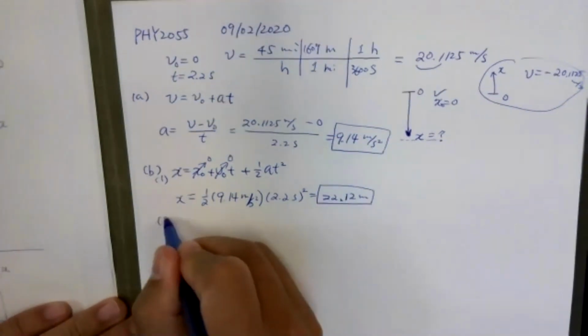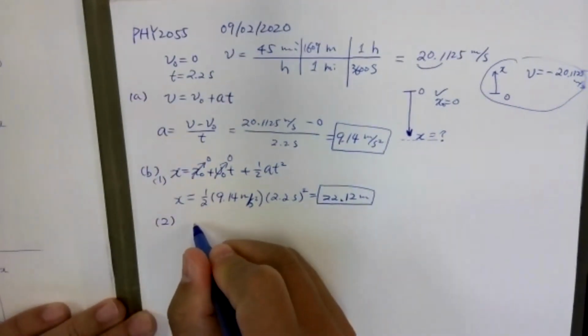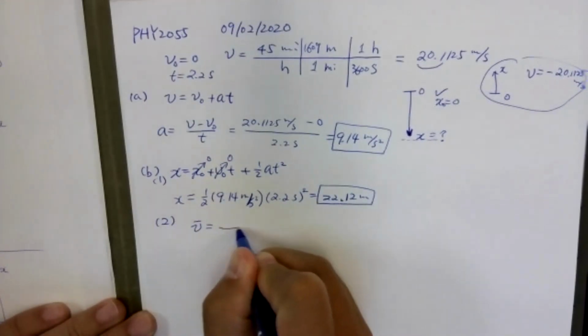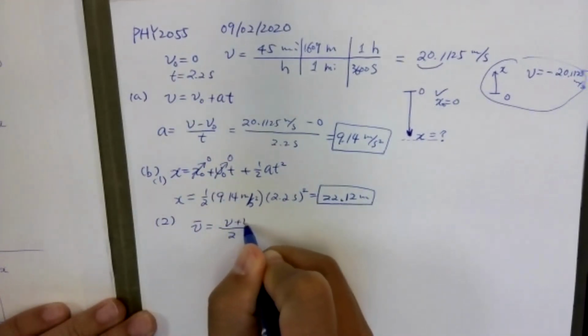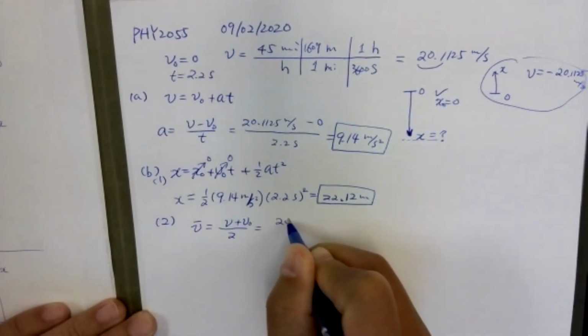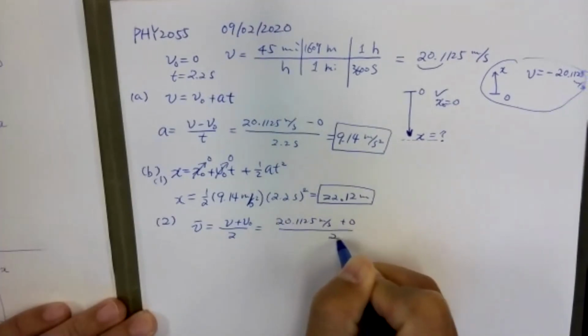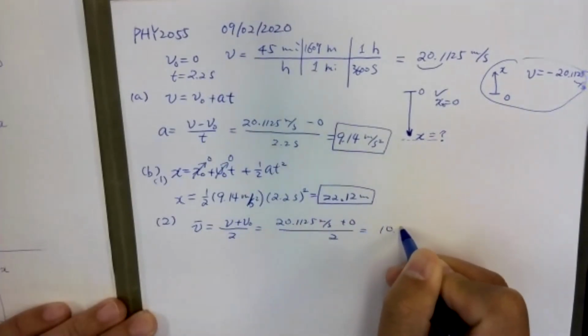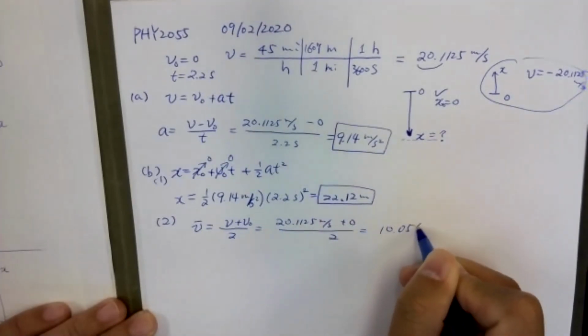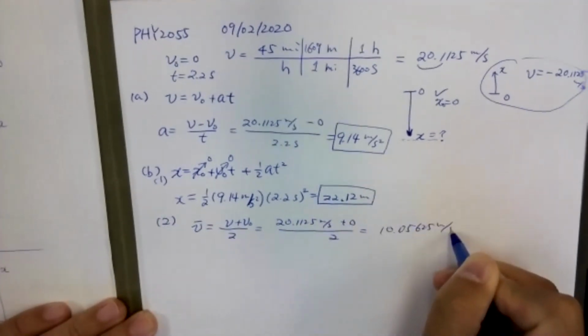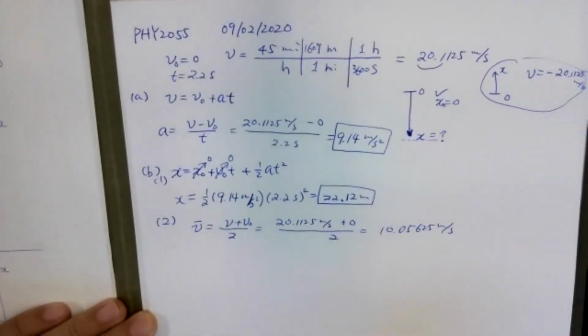Now also you can use another way of solving this. So let's say you want to use the second equation first to figure out your average velocity, okay? So V plus V0, so then 20.1125 meters per second plus 0, divided by 2, which gives you 10.0562 meters per second, okay?